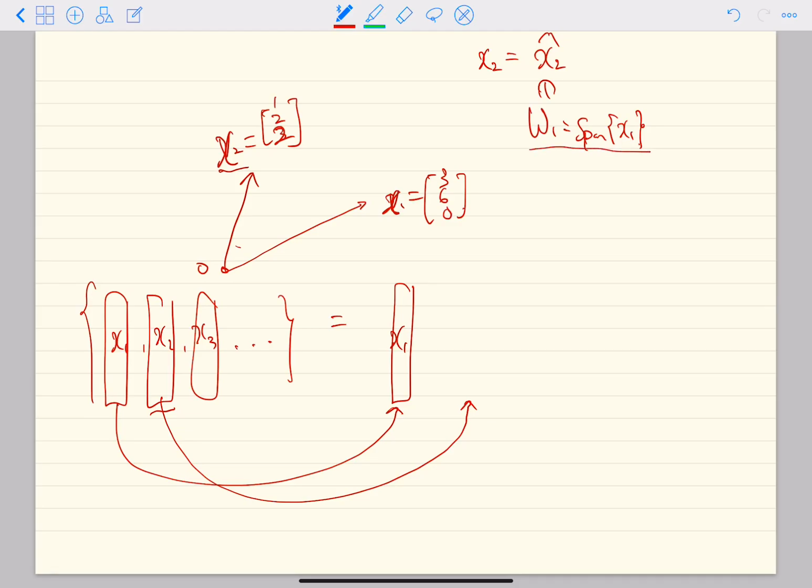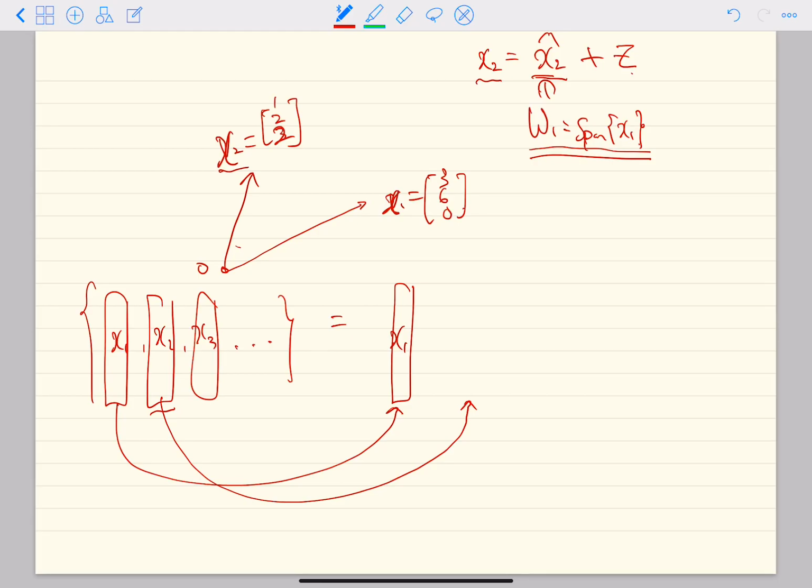Okay, so here in this case we consider x2 as the orthogonal decomposition, where the first component belongs to the orthogonal projection onto W1, and then maybe some z.